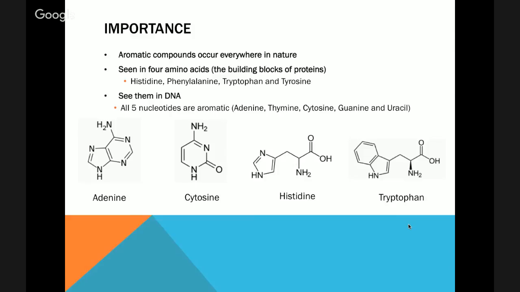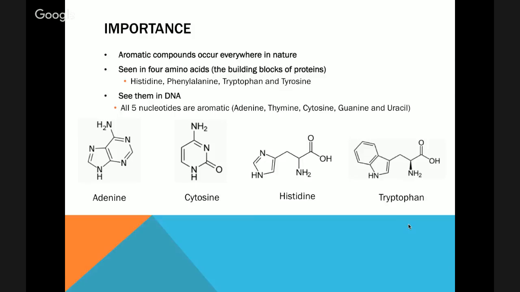So here at the bottom, I have some examples again. Here is adenine, and as you can see, it is aromatic. We have cytosine, which has a really similar structure to adenine. We have histidine, which has an aromatic ring and then a chain attached to it.